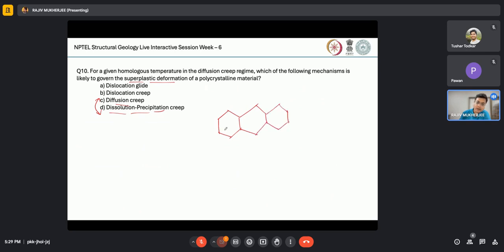And now the internal elements are diffusing.